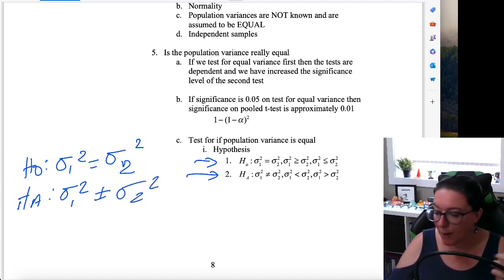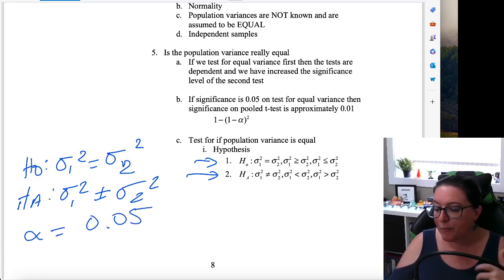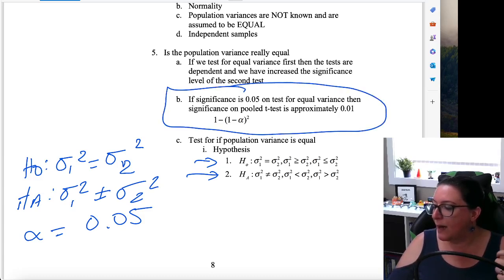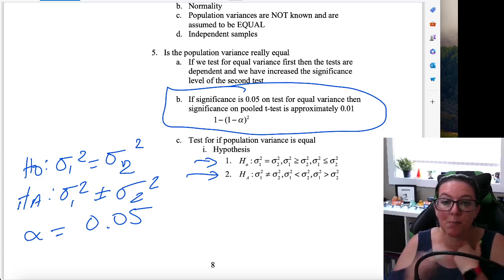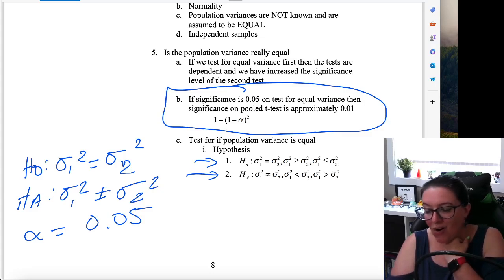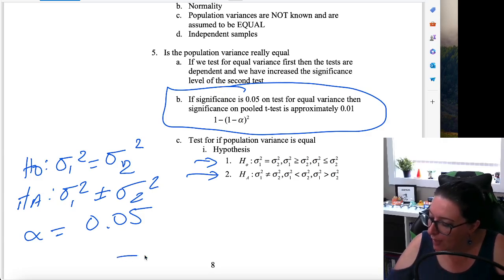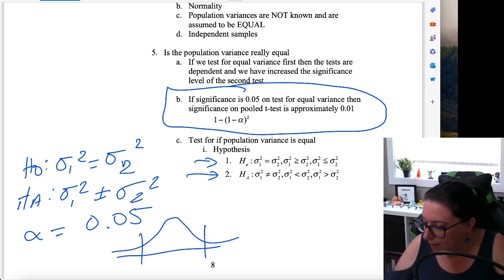So essentially we're doing another hypothesis test, right? We could set an alpha here of 0.05. Remember, if we put a 0.05 for our variance test, then really we need to be comparing to 0.01 in our pooled t-test. And we could then do our test here, just like with any other test. Here's 0.025, here's 0.025.